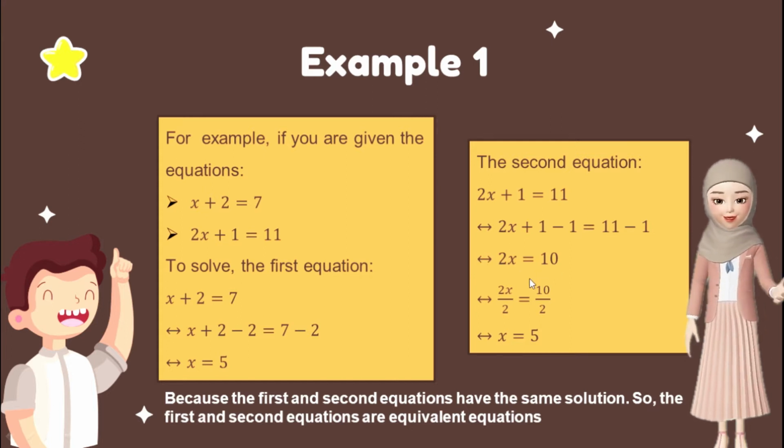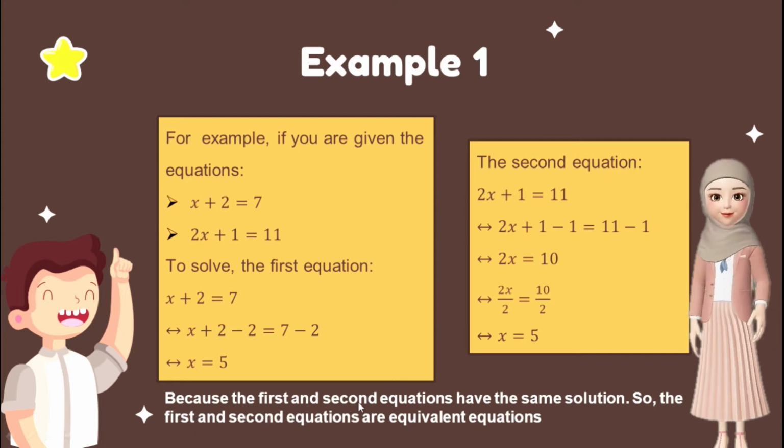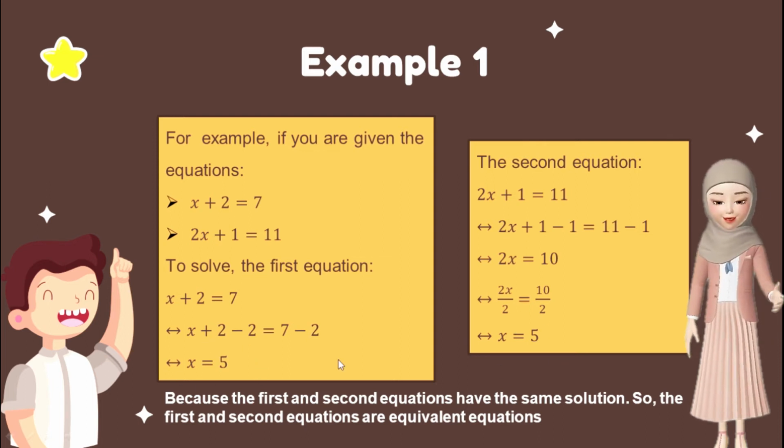And divide both sides by 2, we get x equals 5. Because the first and the second equation have the same solution, the first and second equations are equivalent equations.